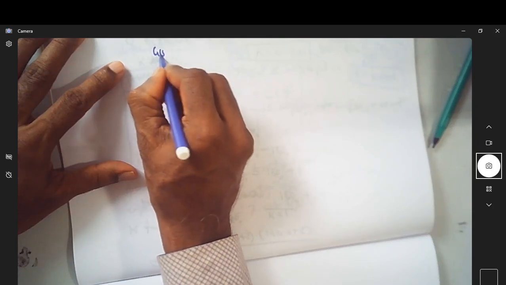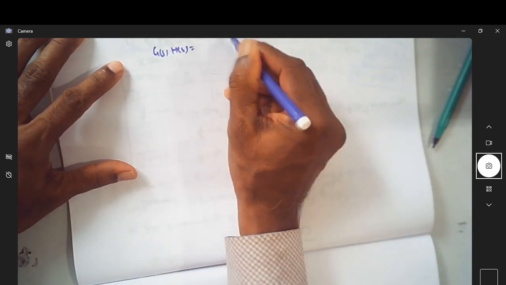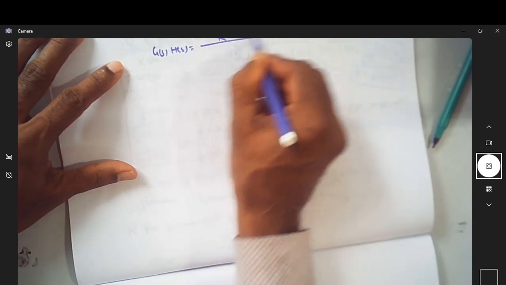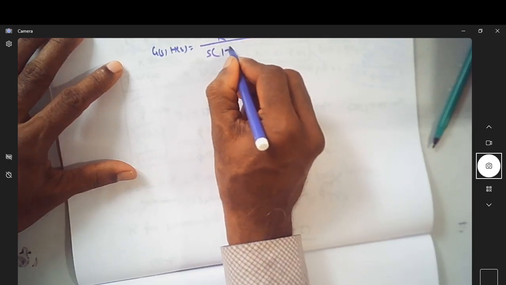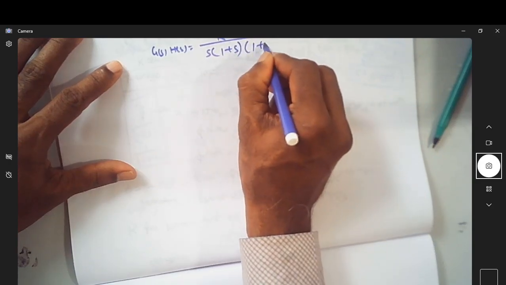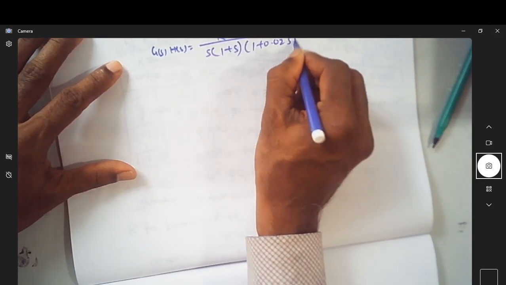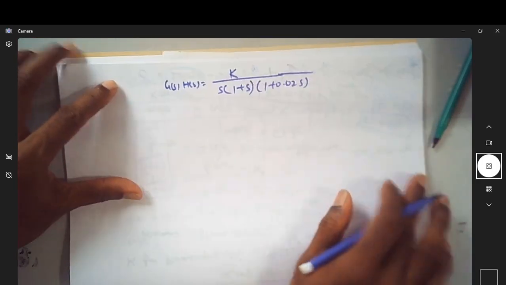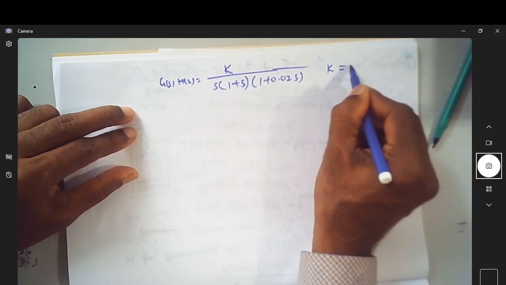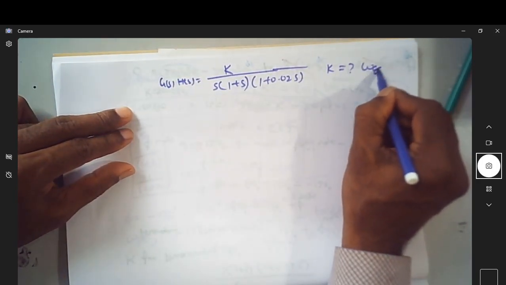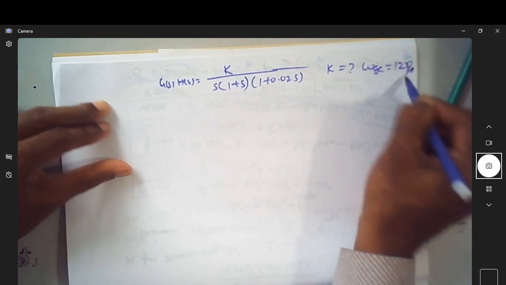This is G(s)H(s), which is nothing but k divided by s into (1 plus s) into (1 plus 0.02 s). What is k for an omega gc of 12 radian per second?